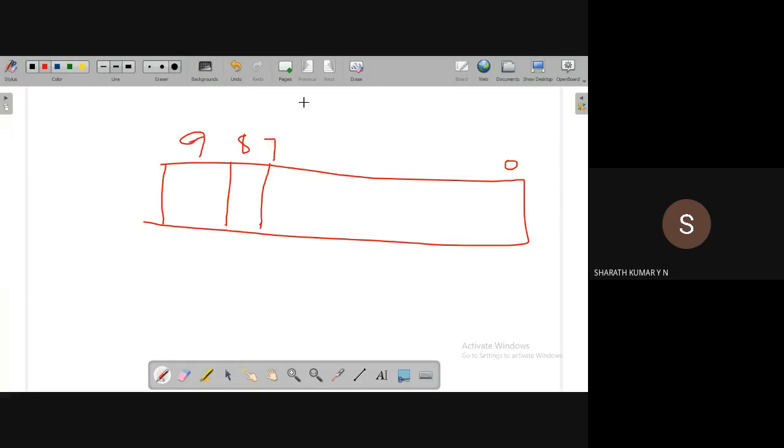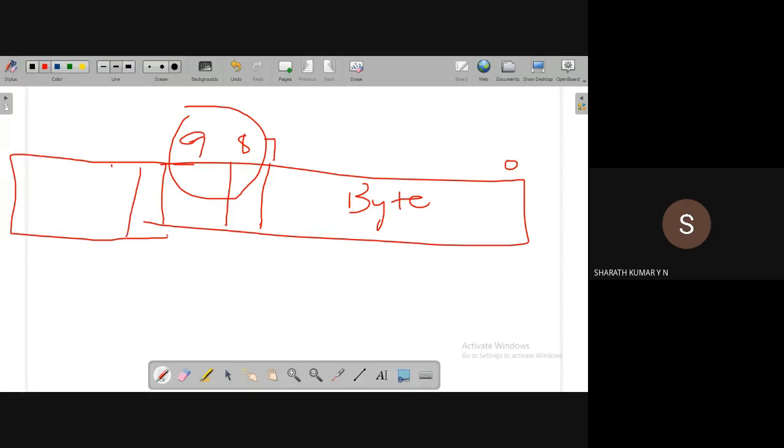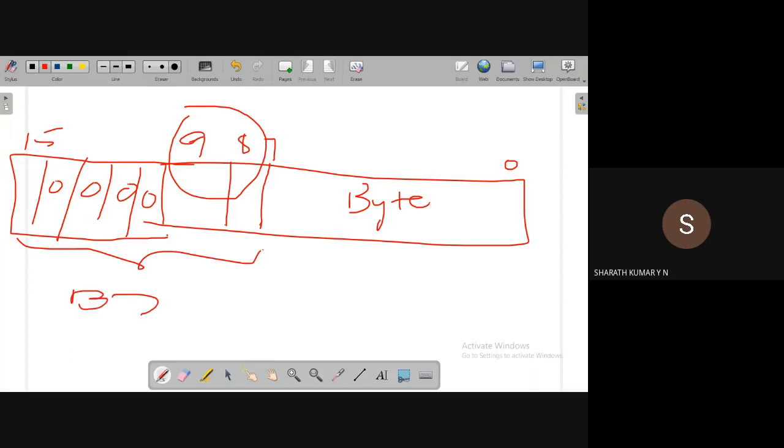Totally 10 bits, correct? Now, the lower 8 bits are called a byte. Only two more bits are left. These two bits are padded with zeros so that they can be converted into 1 byte, from bit 8 to 15. So this forms another byte. This forms byte B2, and this is B1.